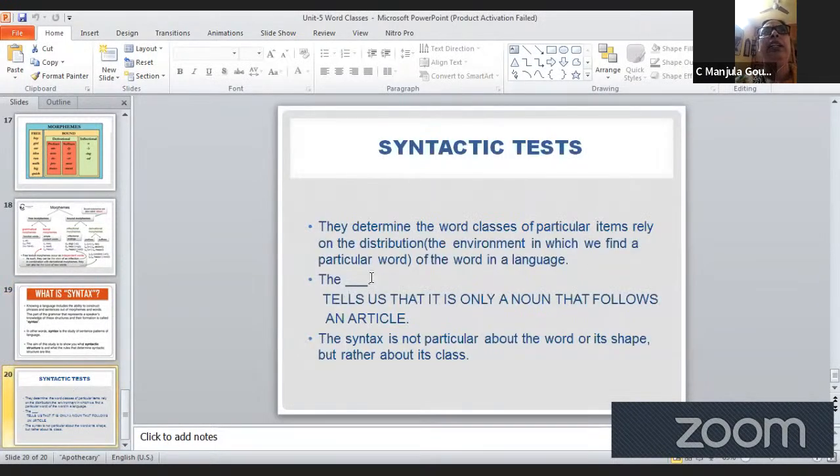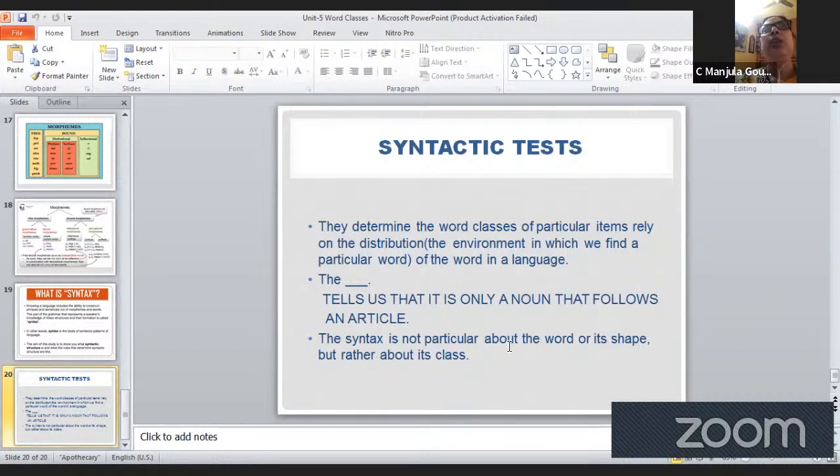So this is again the same note which I have picked up for you all. To determine the word classes of particular items, we rely on the distribution, the environment in which we find a particular word. This environment is nothing but the way you use it. For example, the dash tells us that only a noun follows an article. This is what you have already done.